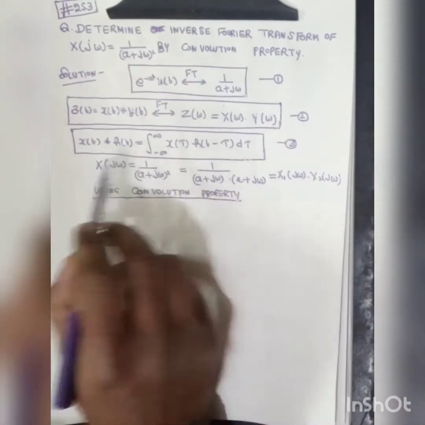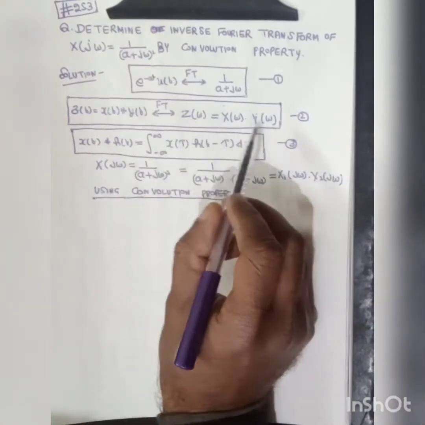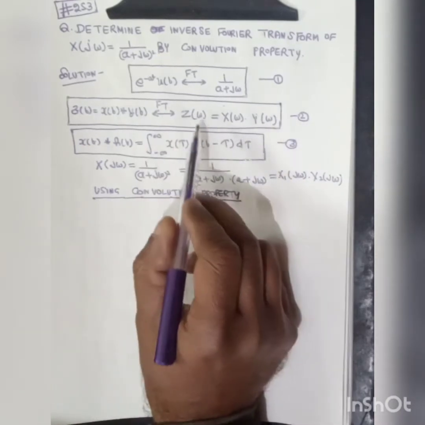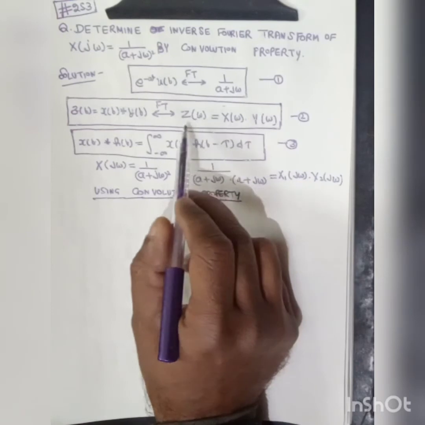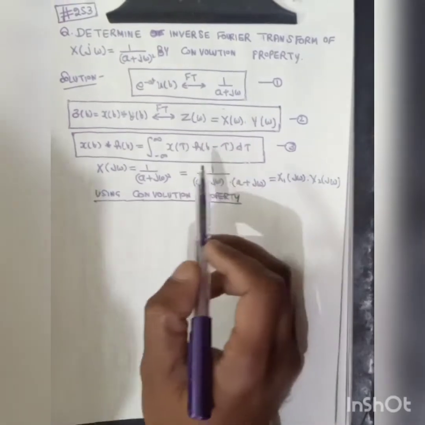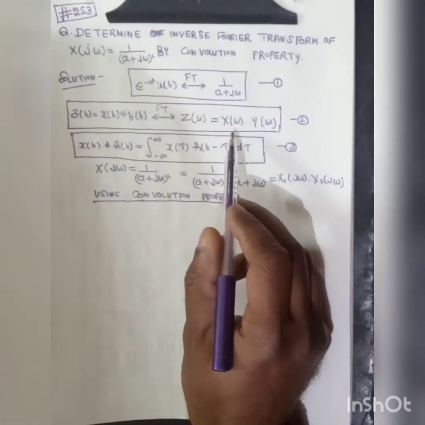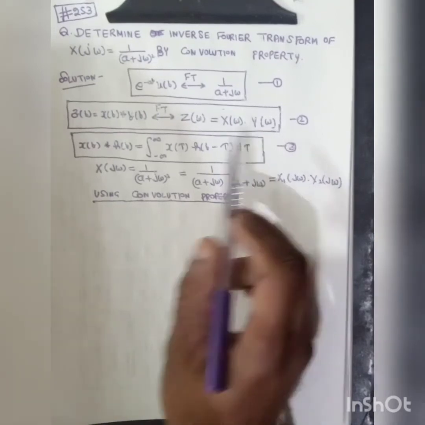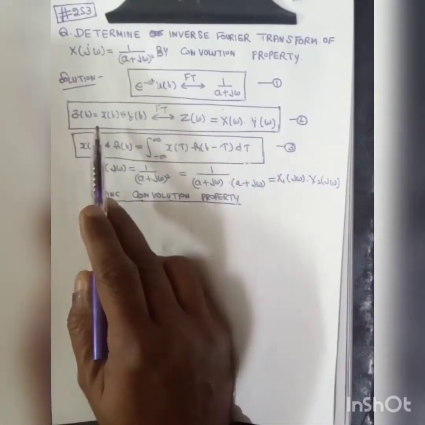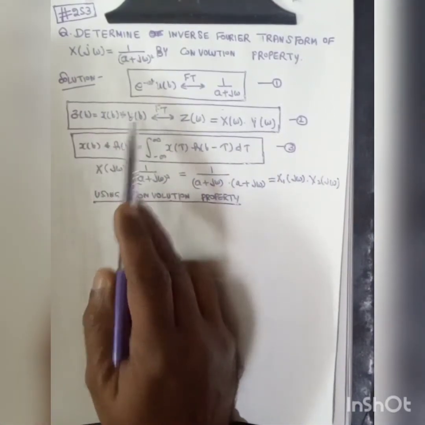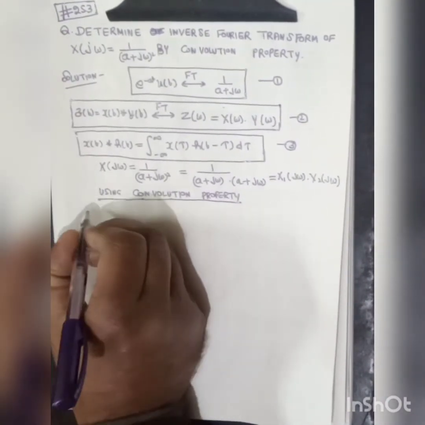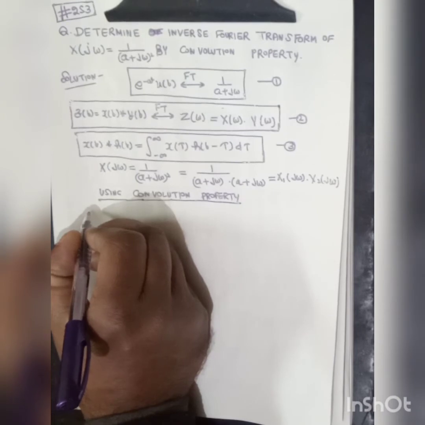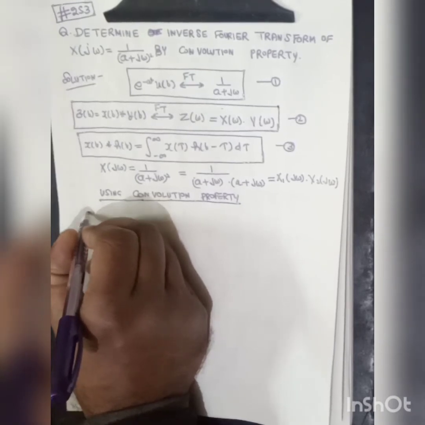Now using property 2, that is, if a frequency domain signal is a multiplication of two frequency domain signals, Z(omega) equal to X(omega) multiplied by Y(omega), then the inverse Fourier transform of Z is the convolution of x(t) and y(t). So using this property, now we will determine the value of x(t).